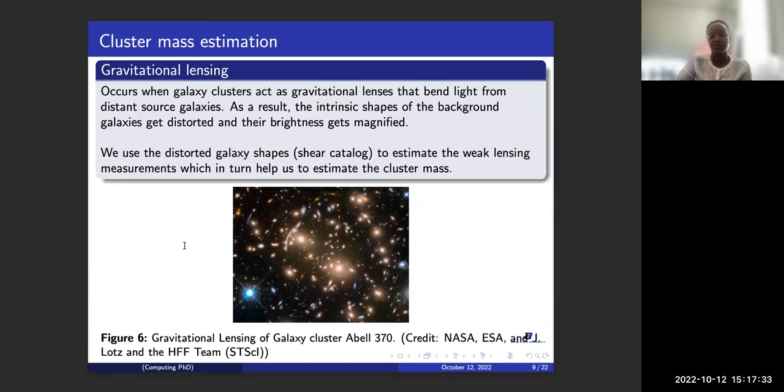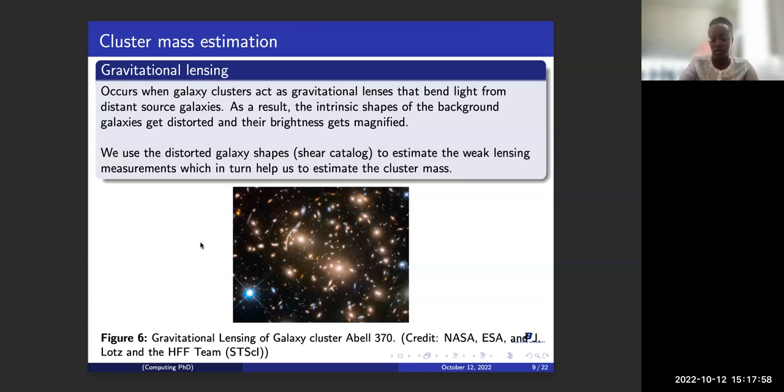In the cluster mass estimation, we use a property called gravitational lensing. Gravitational lensing occurs when a cluster acts as a gravitational lens that bends light from distant source galaxies. So we as the observer here on Earth have a cluster that is in between us and the source galaxies that are far away from us.